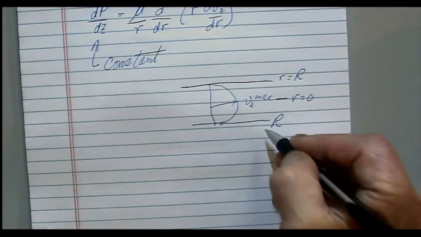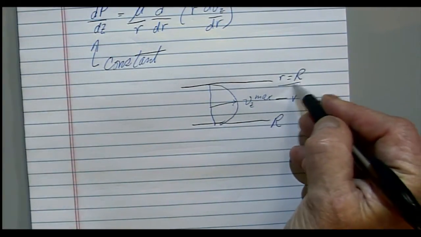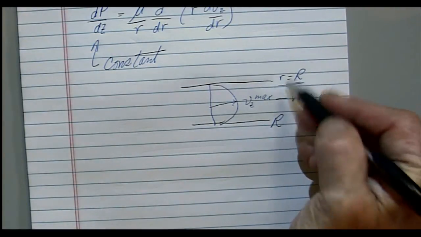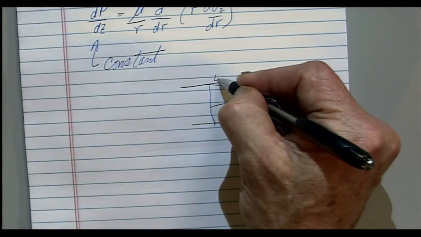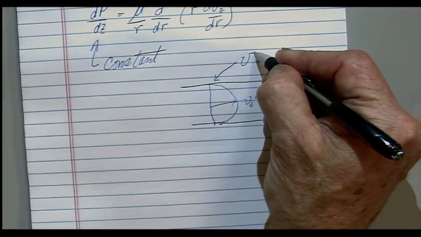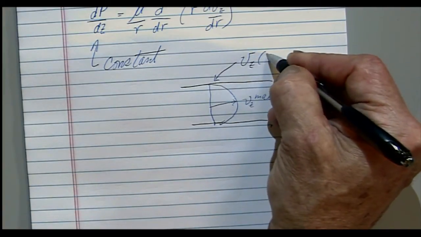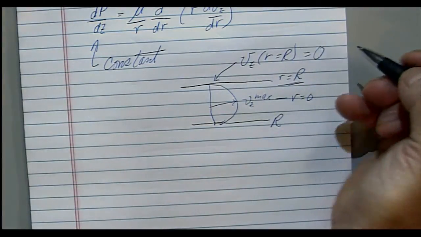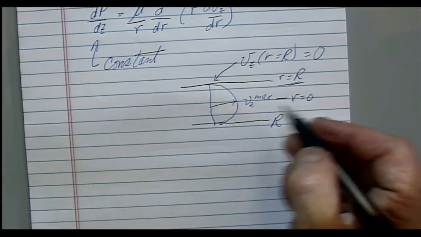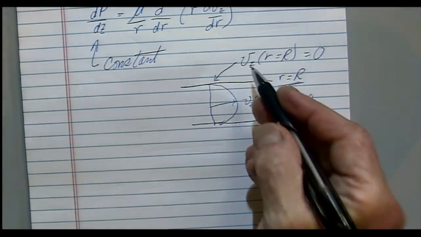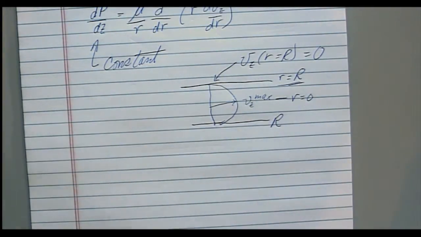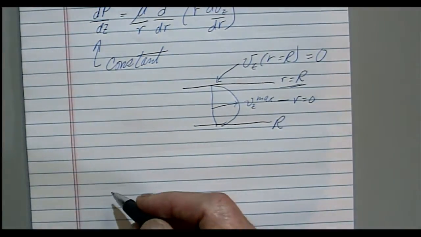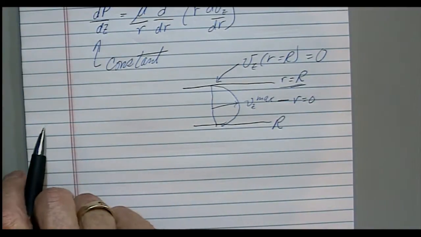The outer radius is r equals some large value, or some large R. And the velocity out here, if we have no slip boundary conditions, the velocity at little r equal to big R is equal to 0. So those would be our 2 boundary conditions, that we have a maximum velocity in the center and a 0 velocity at the outside.